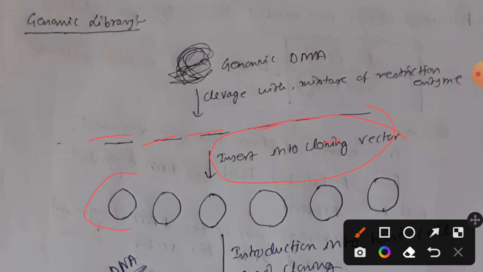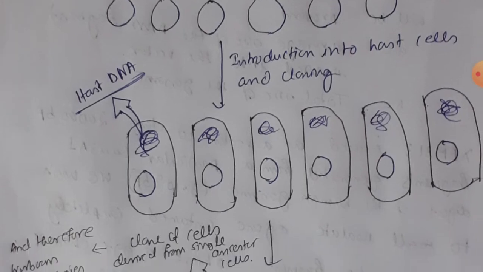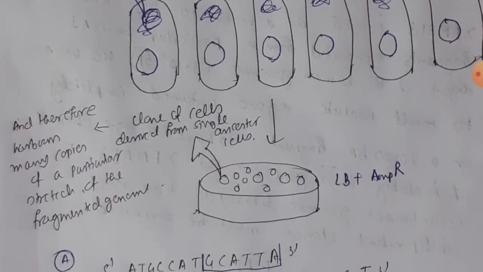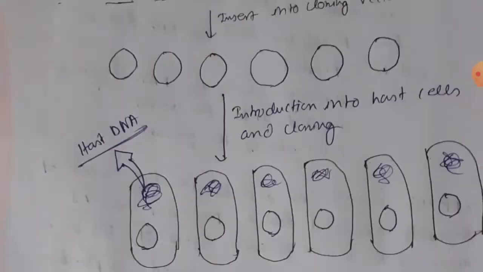Then we will insert our gene of interest in a cloning vector, and then we will clone them in an appropriate host. Then we will plate them on LB agar medium containing the appropriate antibiotic. So each of the colonies will contain a clone of cells derived from a single ancestor cell, and therefore it will harbor a single copy of a particular nucleotide sequence or particular fragment of the genome.